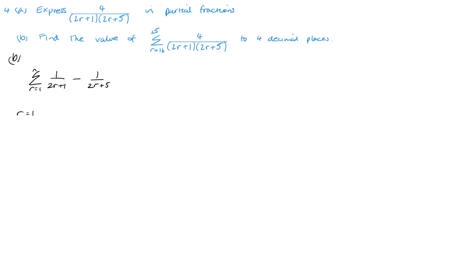So we'll use our standard method of looking for the patterns. So this is 1 over 2 plus 1 minus 1 over 2 plus 5. Substituting 2 in, 1 over 4 plus 1 minus 1 over 4 plus 5.